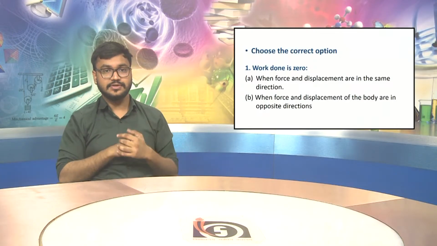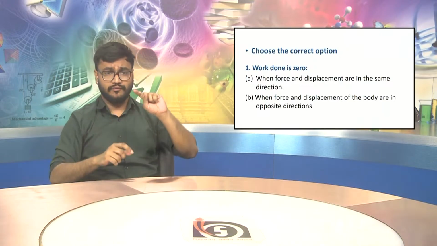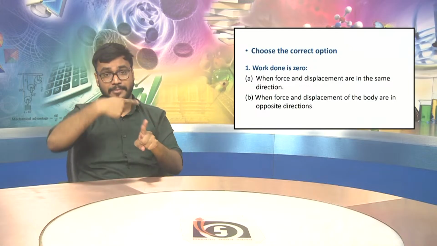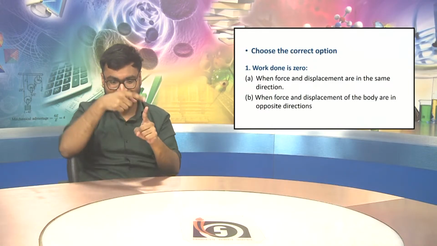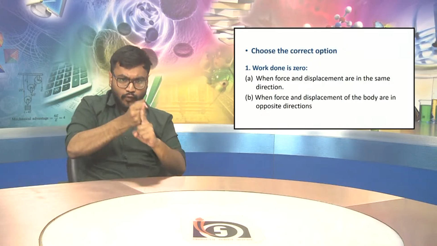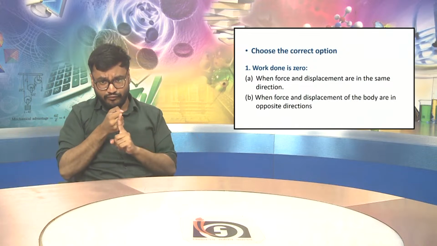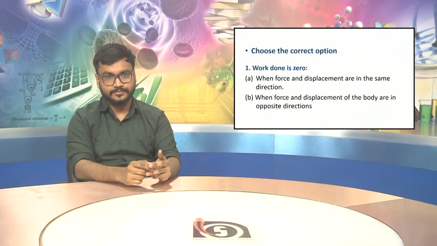Choose the correct option. Is this work done or work zero? When force and displacement are in the same direction. So is there work or no work? Next, when force and displacement of the body are in opposite directions.